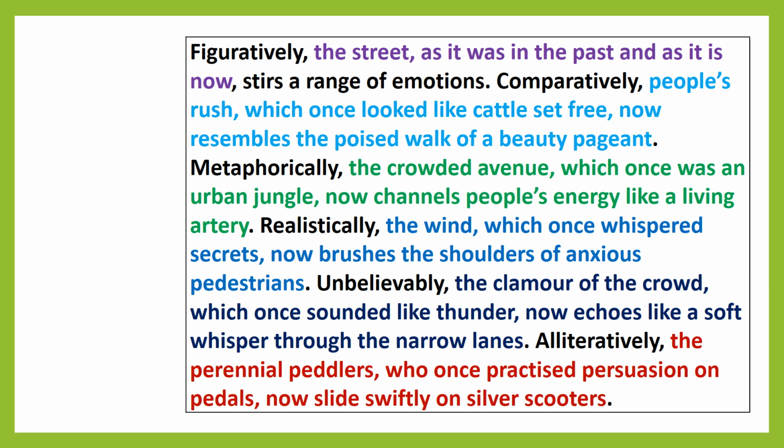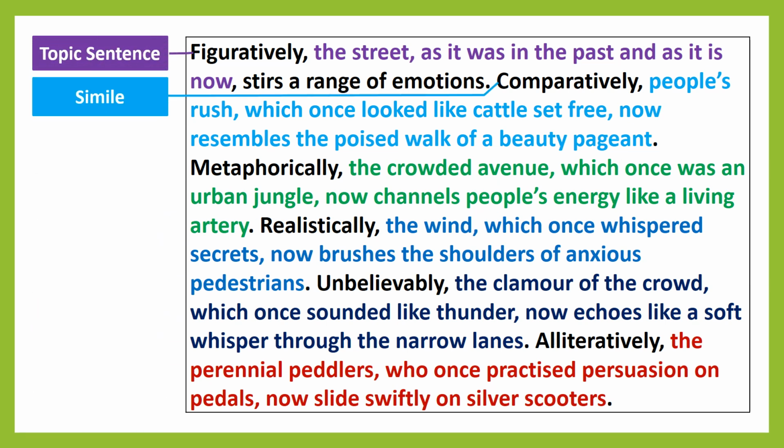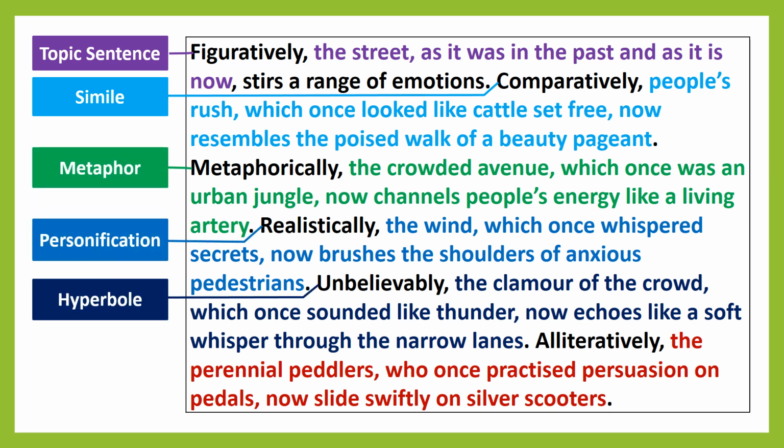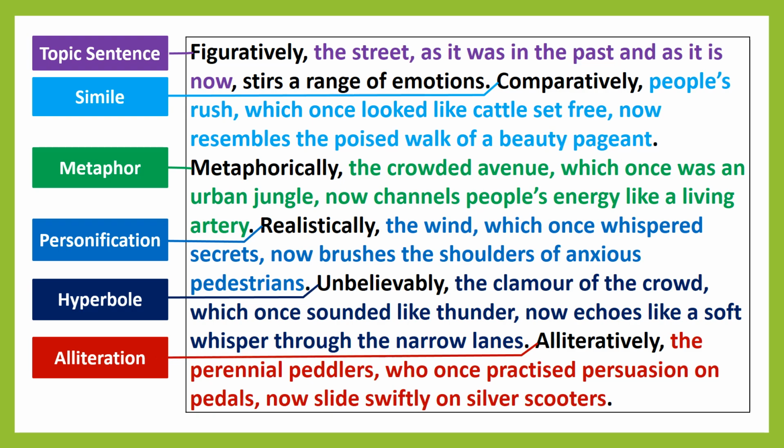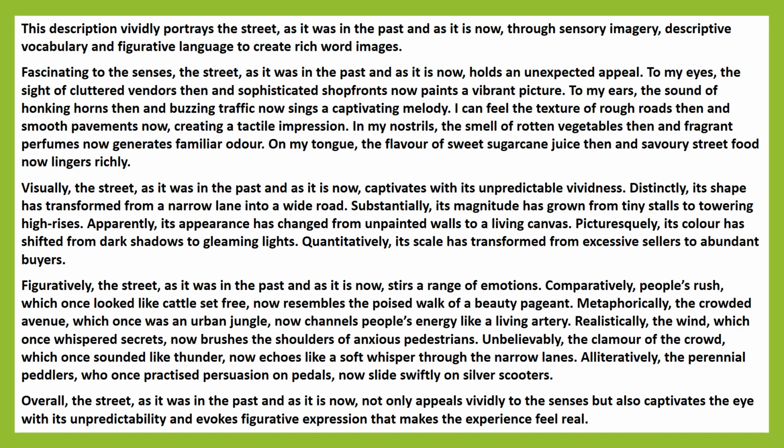A topic sentence that addresses the topic of description. One descriptive sentence example for each of the basic figures of speech: simile, metaphor, personification, hyperbole, and alliteration. The final draft of your description should appear as follows.